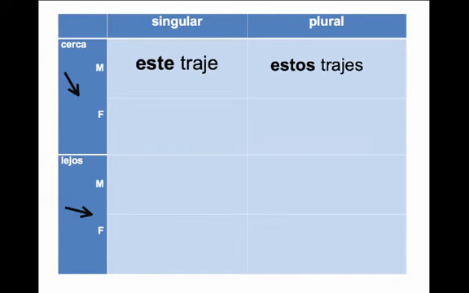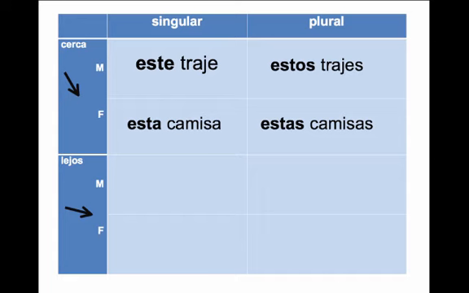Now notice with these, we don't need to use the article el, la, los, las anymore. This replaces those. So instead of the, it would be this. For a feminine word like camisa, it becomes esta camisa. I think you can guess what it is for plural feminine. Estas camisas.